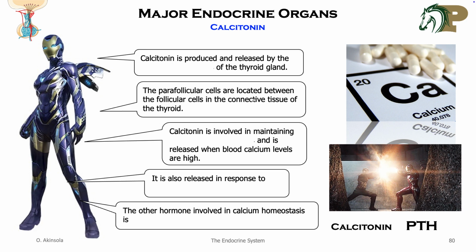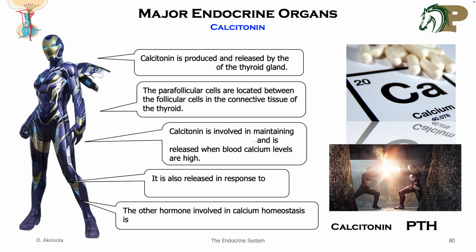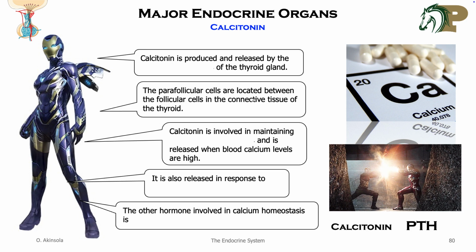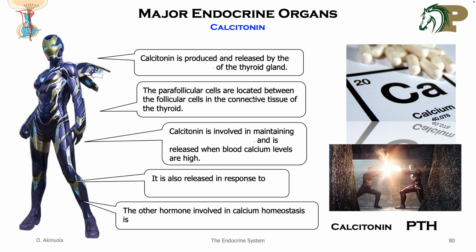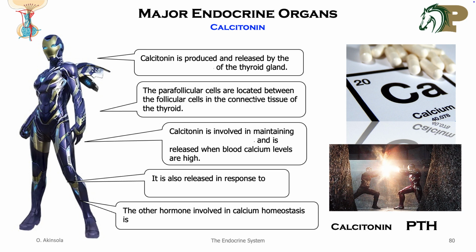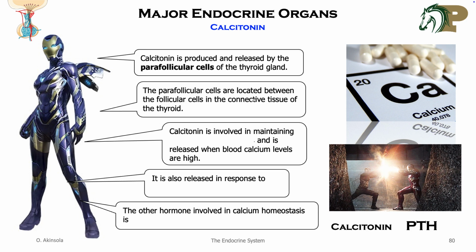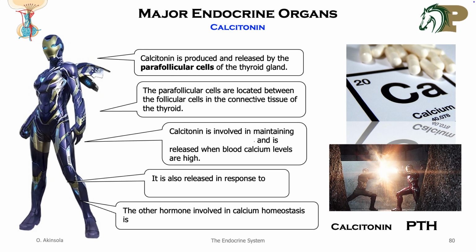All right, let's talk about calcitonin and PTH. So calcitonin, remember, is that third hormone released by the thyroid gland along with T3 and T4. Calcitonin is produced and released by the parafollicular cells of the thyroid gland.